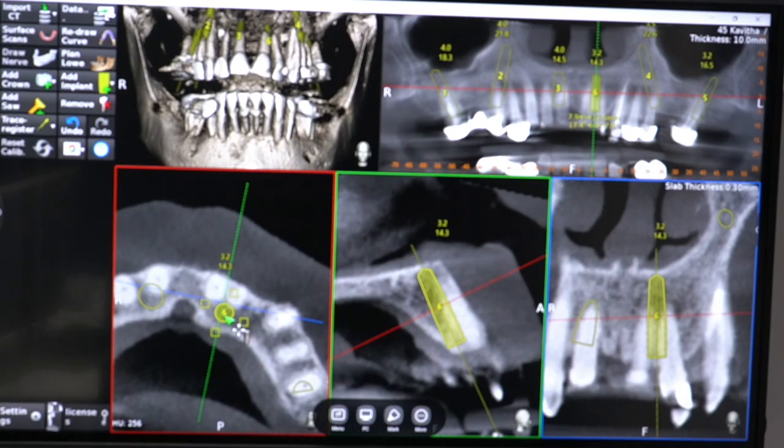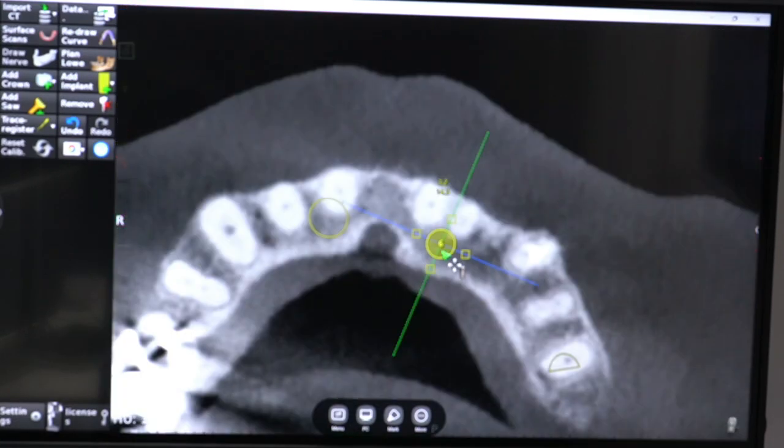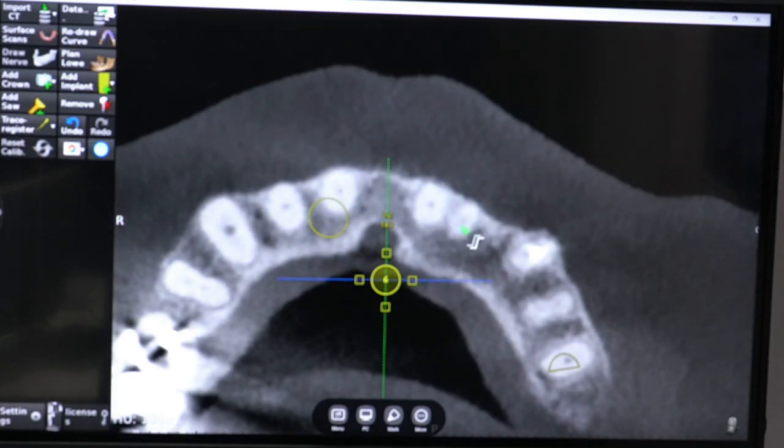Okay, so here this interdental bone and the bone between the palatal wall and these roots is the area where we are going to place the implant. You can see there is no interdental bone between the central and lateral here. These are all challenging cases. This interdental bone will come out, thin bone.